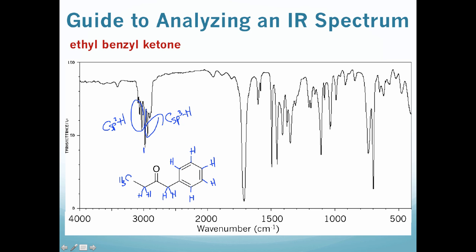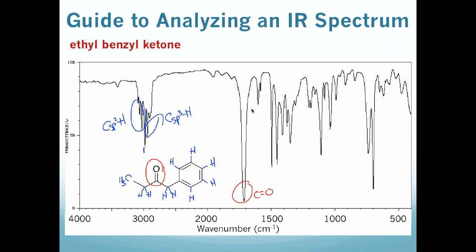The next thing we can look at is this signal right around 1710 wave numbers, and that is our carbonyl stretch, our C double bond O. Because we have this benzene ring, we should have some very specific stretches in this spectrum that represent that.